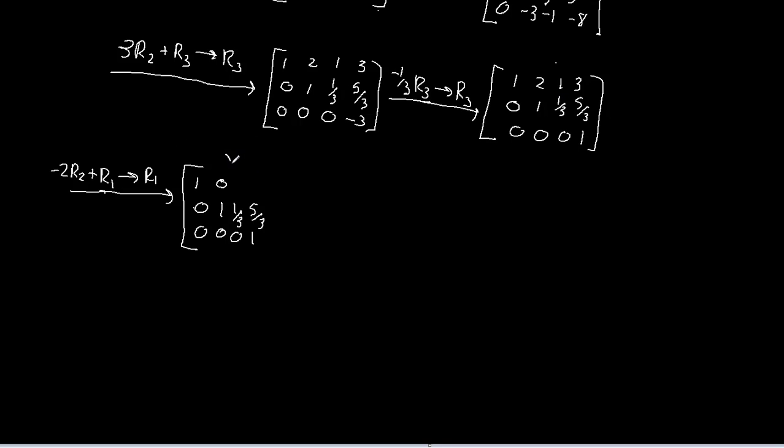So this piece right here is going to be -2 times 1/3, right? That's the element in row 2, plus 1. This is going to be equal to -2/3 plus 1, which is going to be equal to 1/3, right? Hopefully I didn't lose you in that step. I wanted to write that out because I know sometimes fractions can cause people a problem. I just wanted to make sure that you understood where that was coming from.